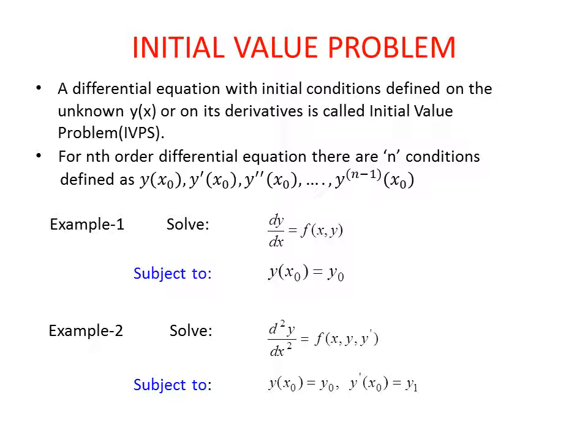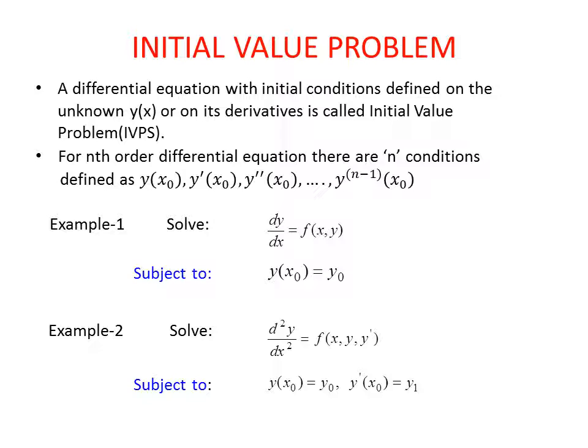Now the conditions subject to which we solve are: y at x naught is equal to y naught, and y prime at x naught is equal to y1.